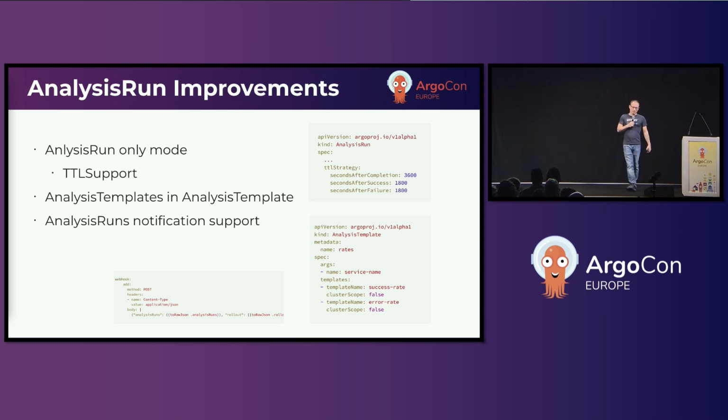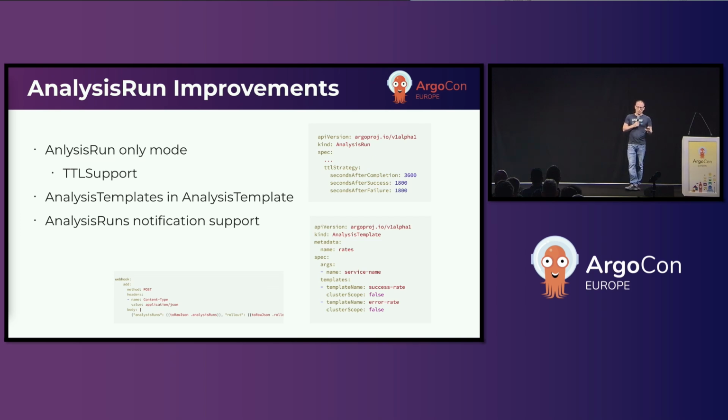We've also spent a bit of work on analysis runs again. Argo Rollouts has a mode of operation where you can run the controller in analysis run only mode. Various projects use this. I think Kargo, and I think NumaProj is maybe considering using this as well. They want to piggyback off of Argo Rollouts' analysis and all of the providers that they provide for metrics.